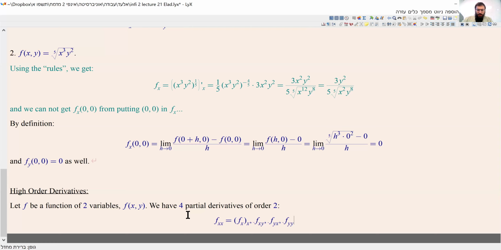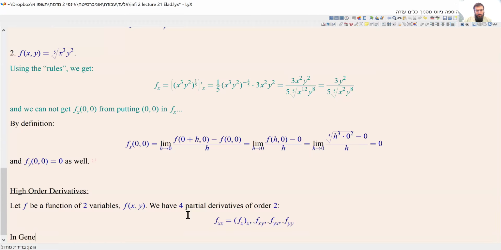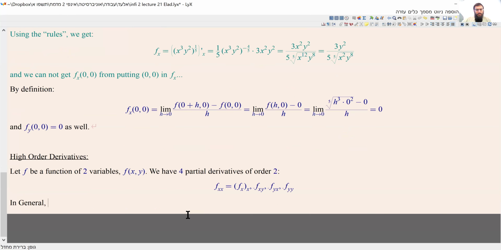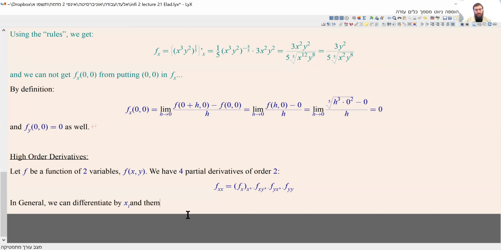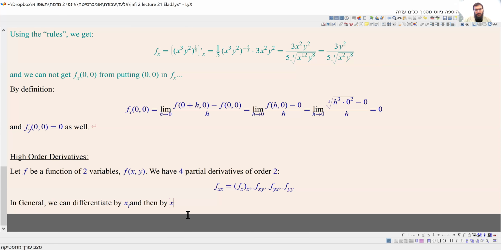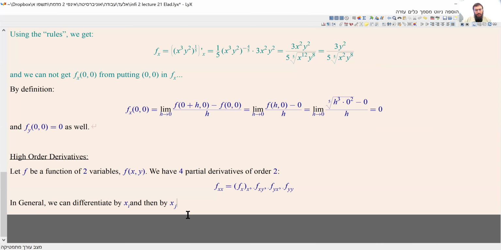And generally speaking, we can differentiate by xi and then by xj and then by xk, and so on.